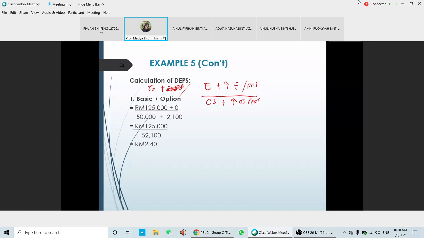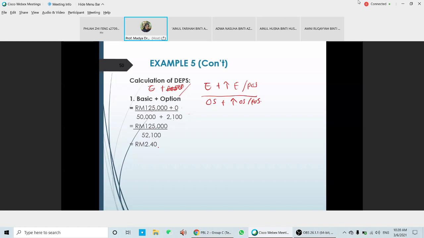We start with the first rank here, the option. So the basic earnings here is 125 plus the increase in earnings for the option, which is 0. And for the number of shares, 50 is the existing, plus 2.1 here is the increase in shares when you exercise the options. So you're going to have 125 divided by 52.1.